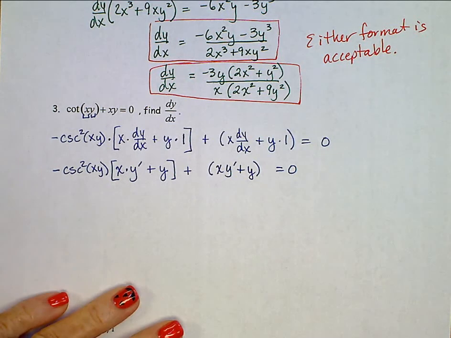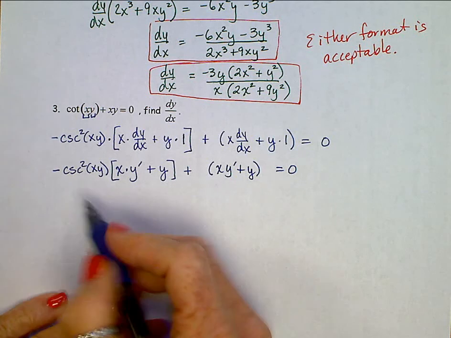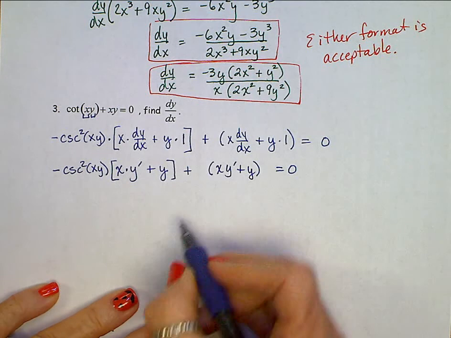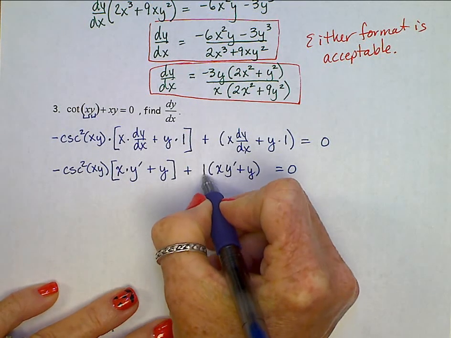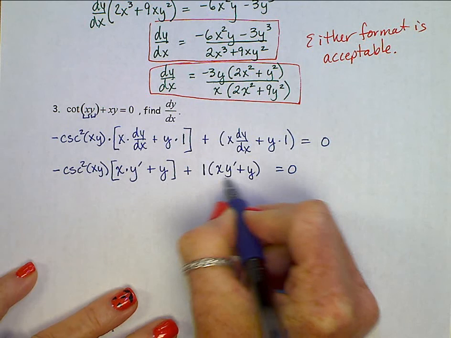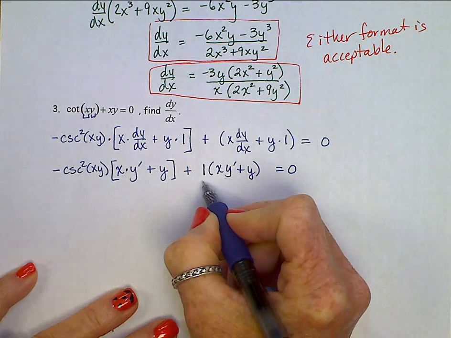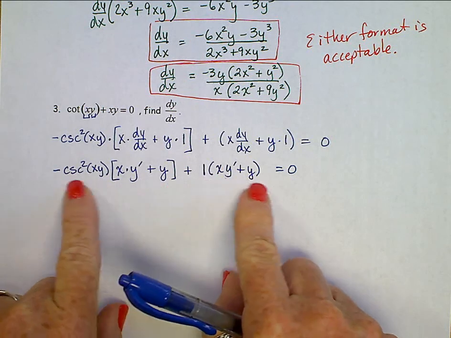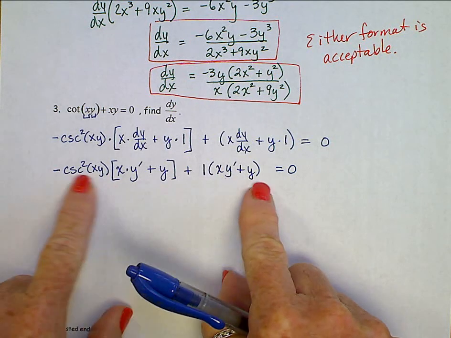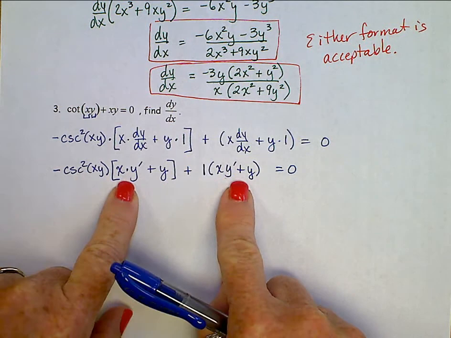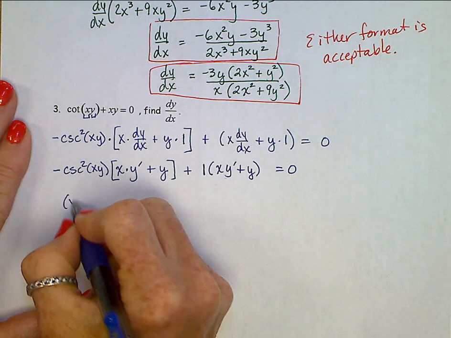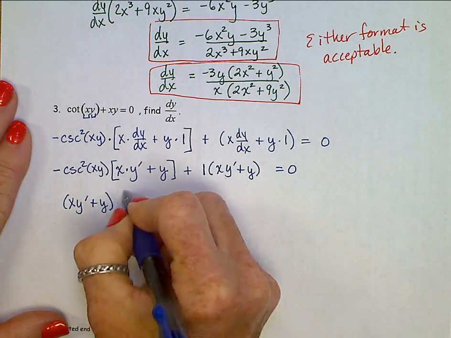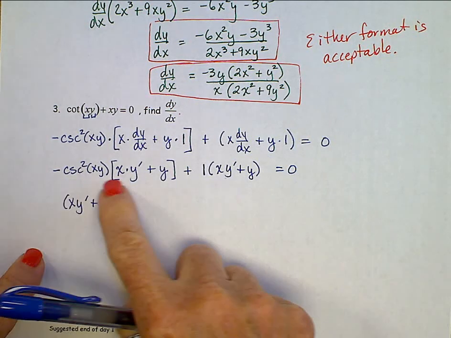All right, now, a couple of things. You could distribute this negative cosecant squared throughout, but it's actually easier if you recognize that the coefficient of this second set of parentheses down here is a 1. Now, between these two halves, could you factor out something? Yes, we can factor out that x y prime plus y. So x y prime plus y, and we factor that out from this first half right here.